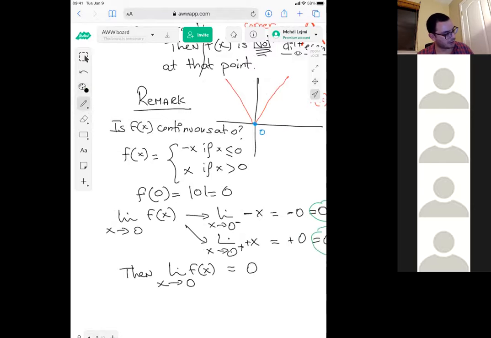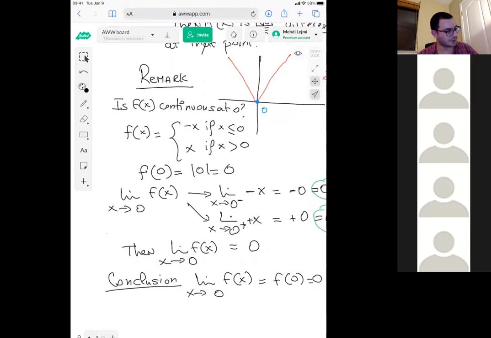So this limit of f of x as x goes to 0 is the same as f of 0, which is 0. So yes, f of x is continuous at 0.